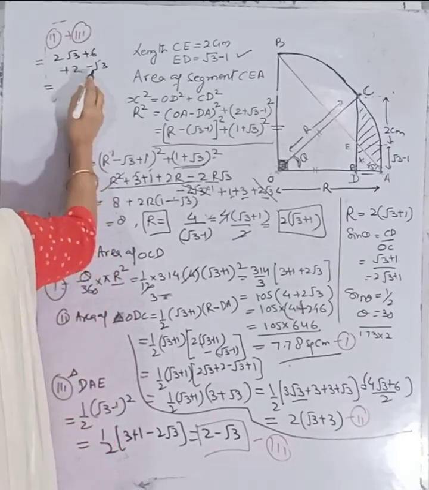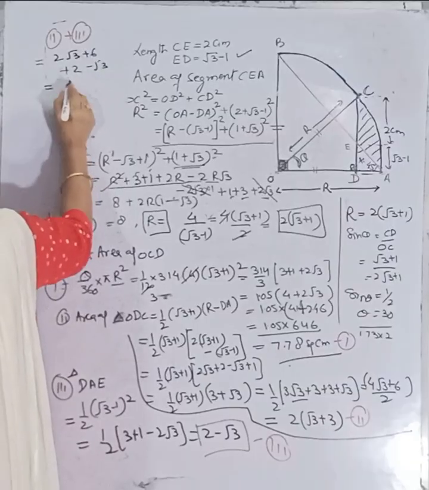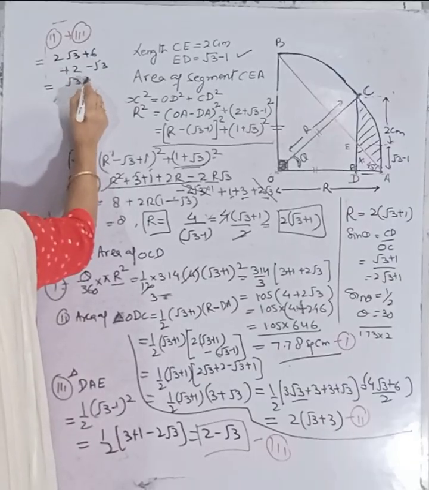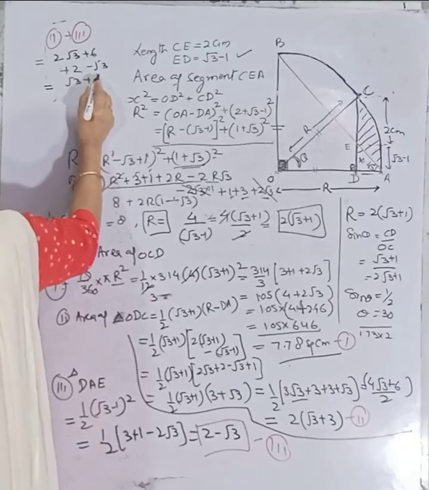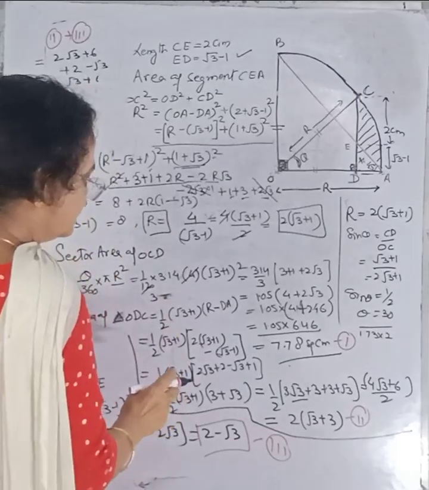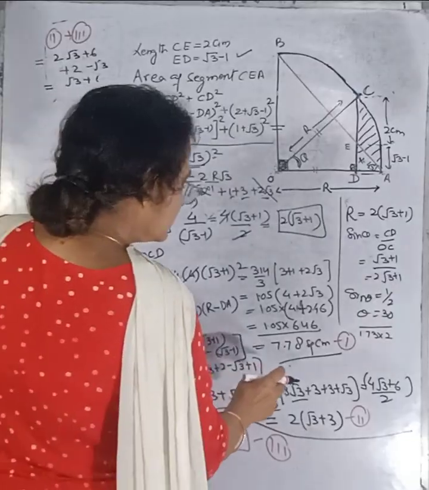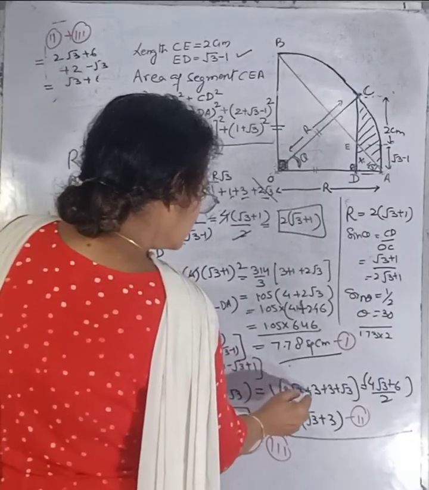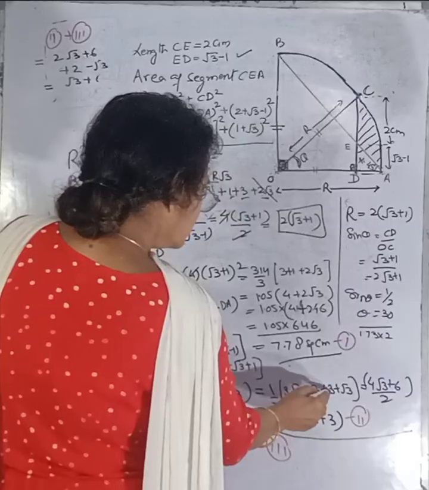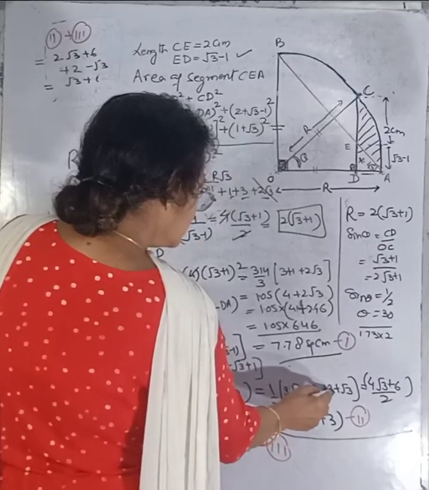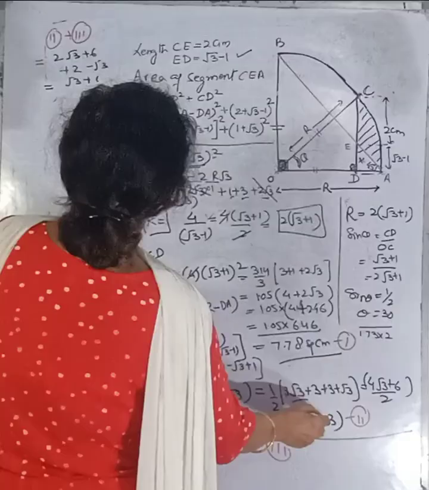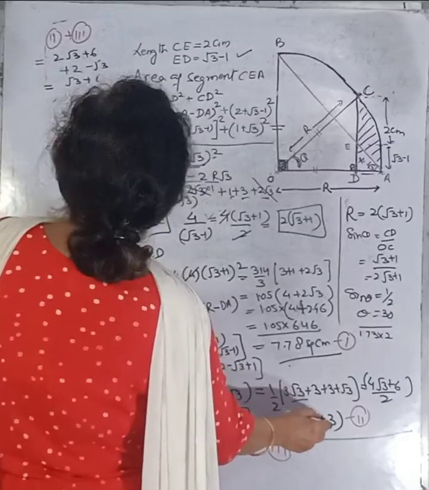Okay. This will be equal to root 3 plus 8. It should be 3. It will be 3, sorry.